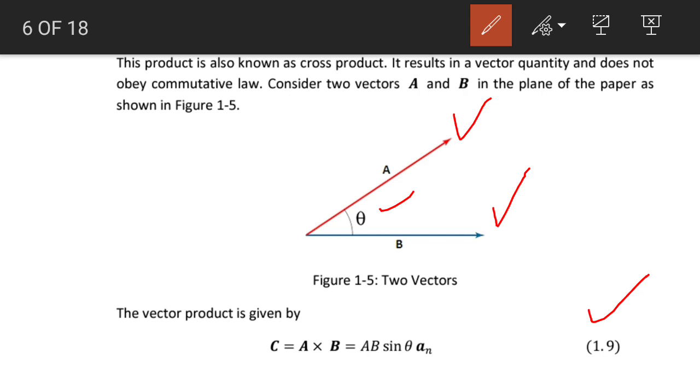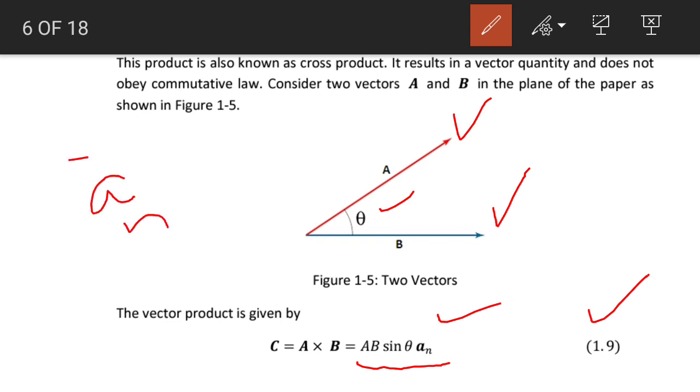So A cross B, which results in vector C, will be equal to the magnitude of A multiplied by the magnitude of B multiplied by sine of the angle between these two vectors, that is sine theta, multiplied by the unit vector an.